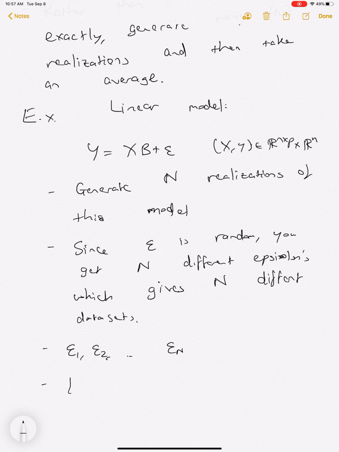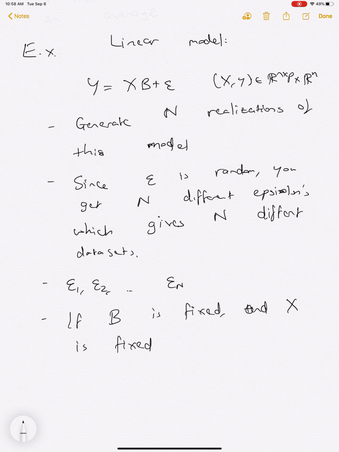And then if beta is fixed, and x is fixed, which it will be in the homework, then you're going to get n different y values, y1, y2, up to yn.